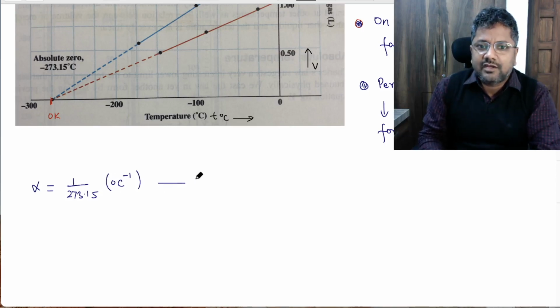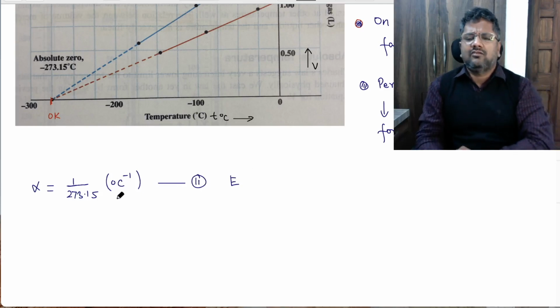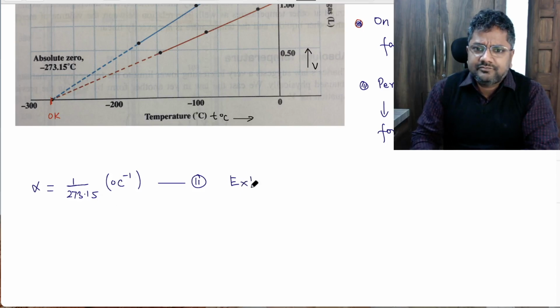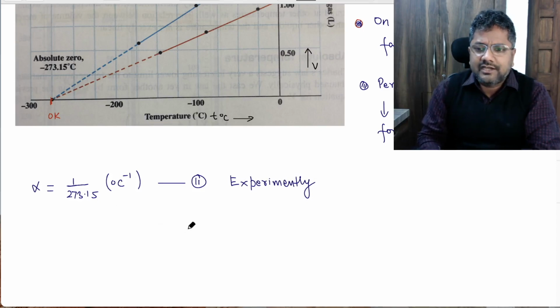This is found experimentally. Initially this value was used as 273.16 but slowly it was rectified, and finally this value is accepted experimentally.